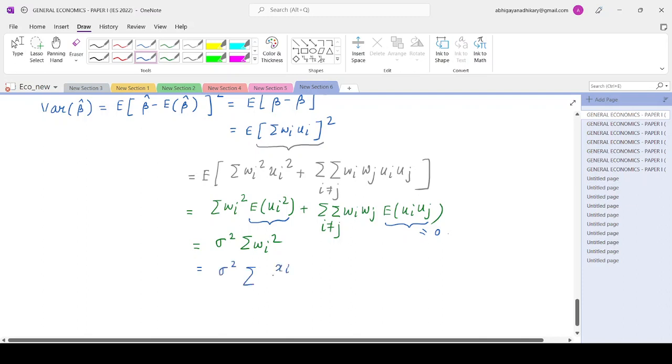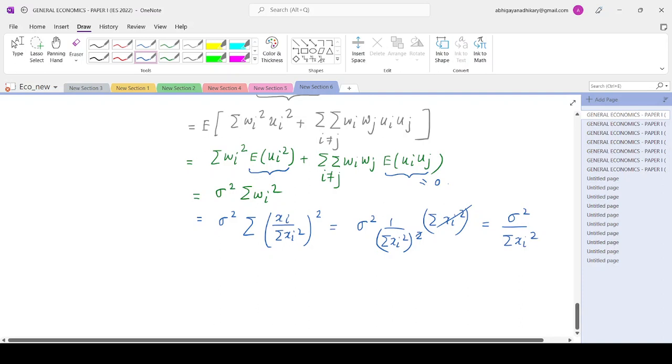What is wi? It is xi by summation small xi whole square, and that square. If you simplify this, it will be sigma square, 1 by summation xi square whole square will come out. In the numerator, you'll have summation of xi square. Once that gets cancelled out, you'll have sigma square by summation small xi square.